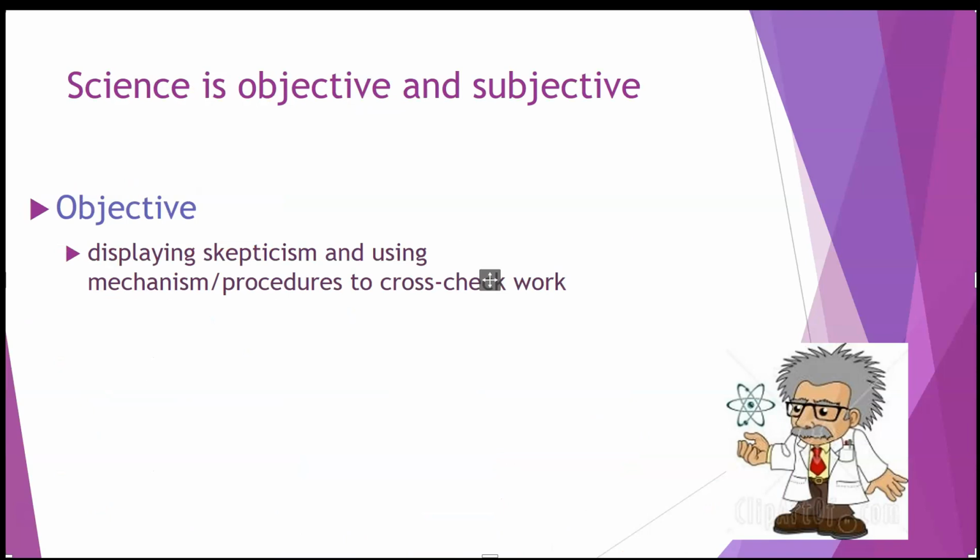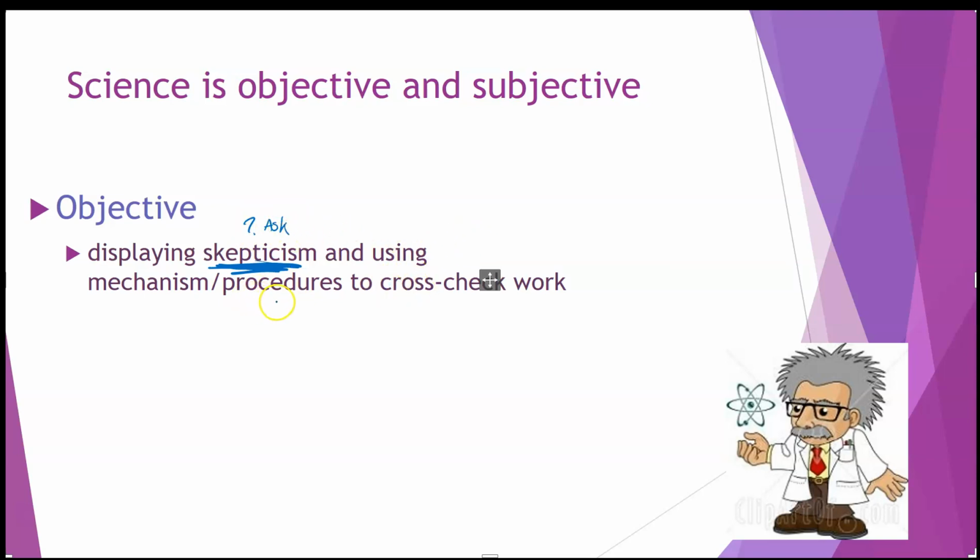So, as we close up, I talked about this in the very beginning, and I'm going to come back to it. Science is objective. If something is objective, that means it displays skepticism, which means that you question things. You say, is this correct? I'm taking my opinion and my personal ideas out of it, so I want to question and ask and make sure that things are being done correctly.